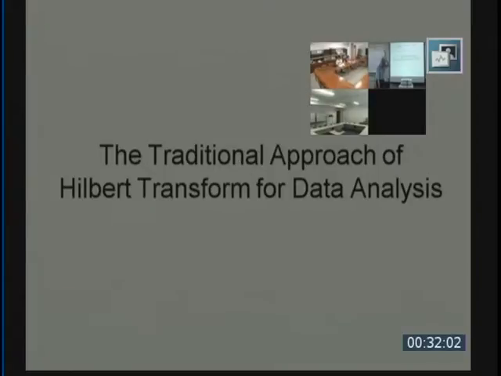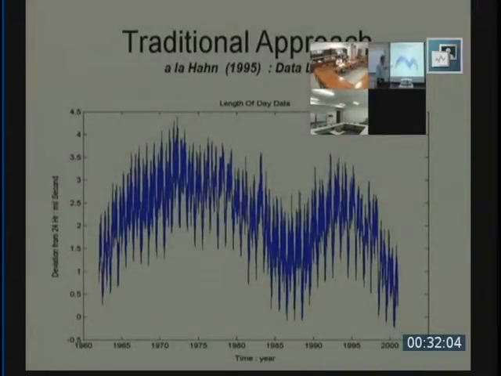And the reason it does not work is, for example, if I give you a function like this, this is the data from 1962 to 2003. Yeah, this is the length of day. The length of day indicates that the rotating speed of the Earth is not constant.